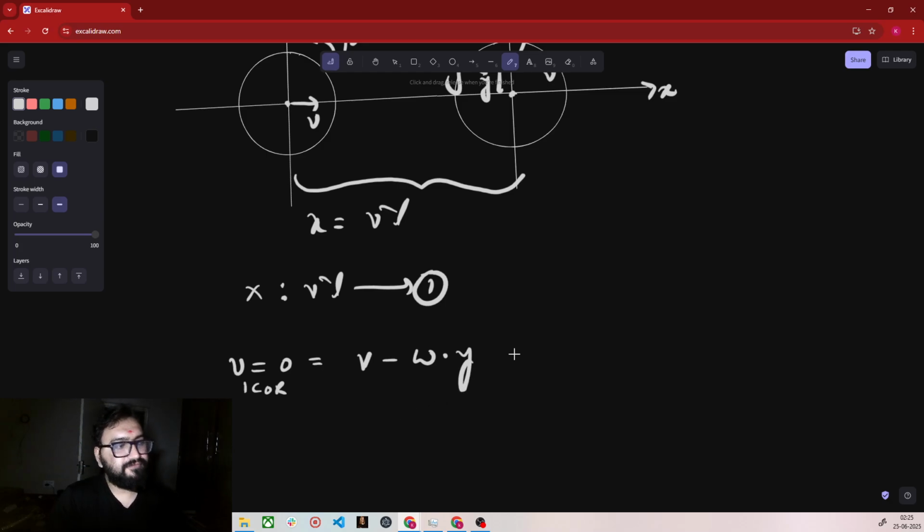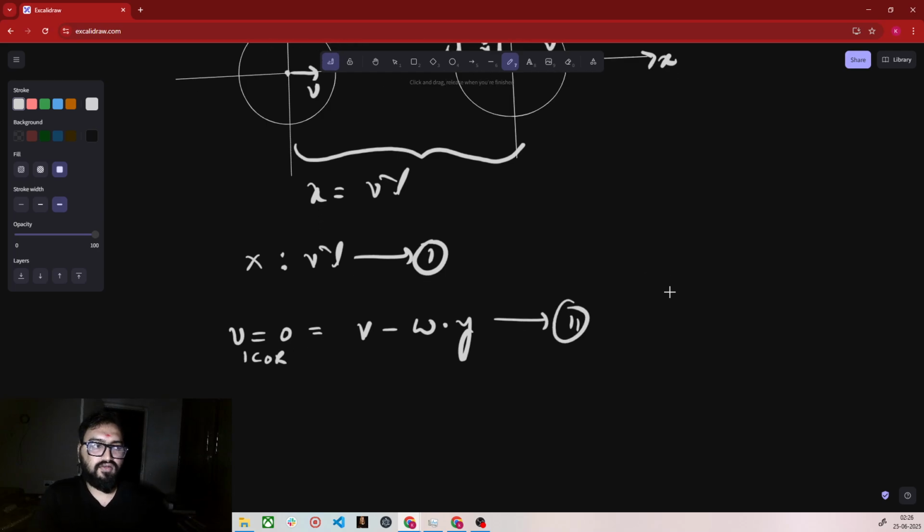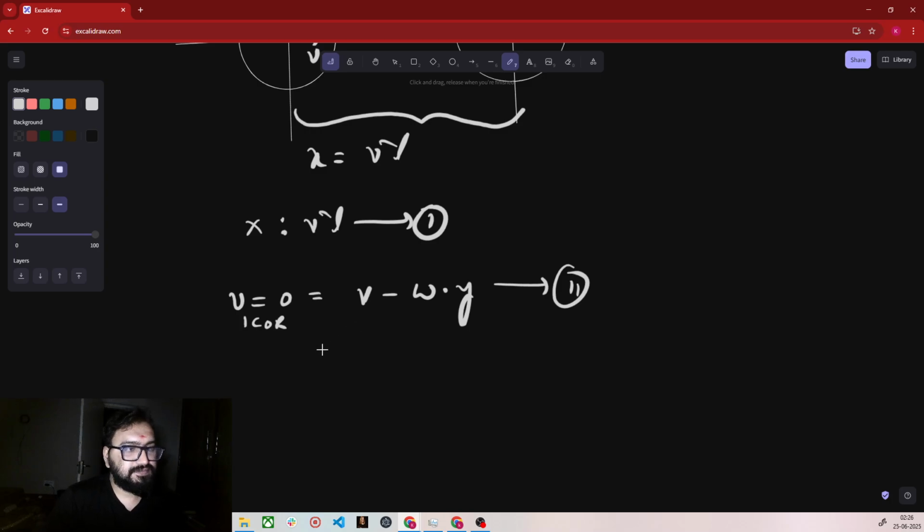Now, let's say this is equation 2, how do I find out the value of omega? Omega can be found by this simple equation, that is omega equal to beta into t, where beta is the constant angular acceleration of the disk.